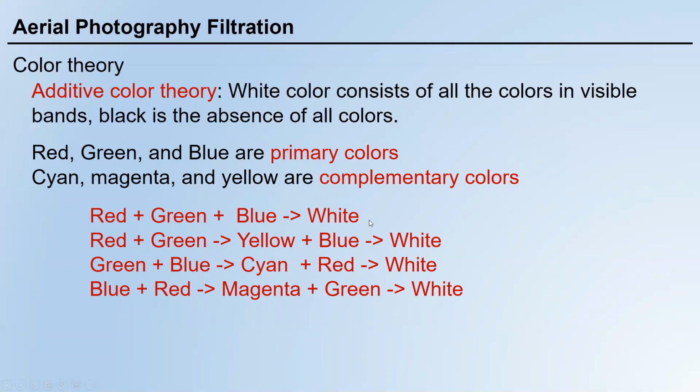So now the concepts here you need to know. Firstly, for additive color theory, primary colors are RGB, and the complementary colors for RGB are cyan, magenta, and yellow. This concept of complementary color is pretty important because later you will know that it is important to the producing of different filters.